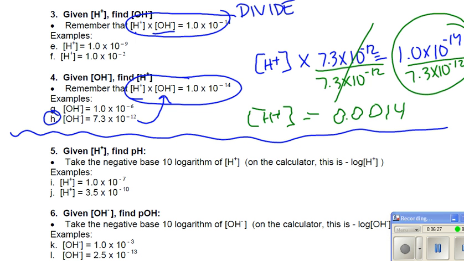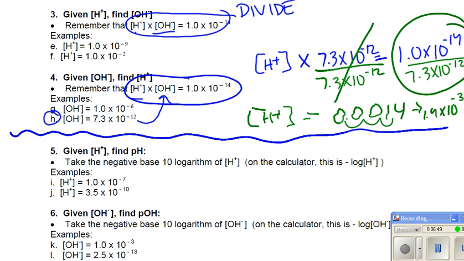You change something into scientific notation by moving the decimal place. So I move the decimal place 1, 2, 3 times to the right. So in scientific notation, this number is 1.4 times 10 to the negative third. What do you do with a number like that?